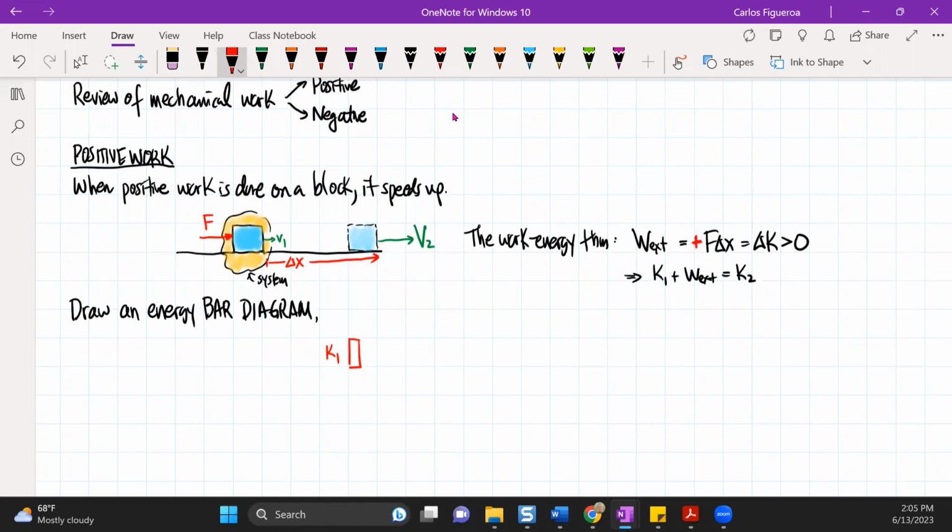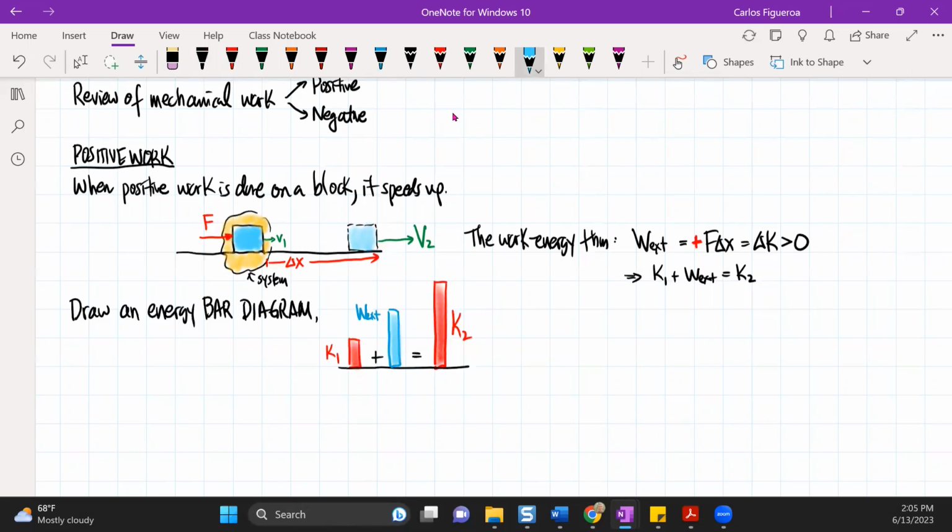And then the kinetic energy at the end has increased by some value to K2. So this is where I was, and this is where I'm at now. The only way this could be true is that there is positive work done. And this is the external work done on the system.